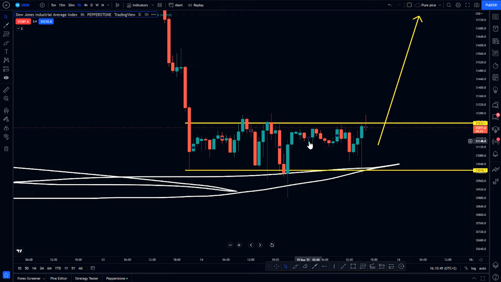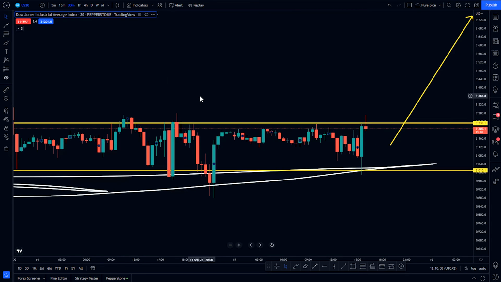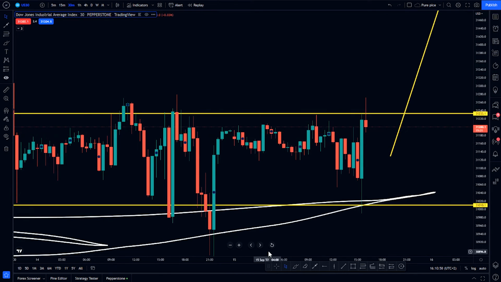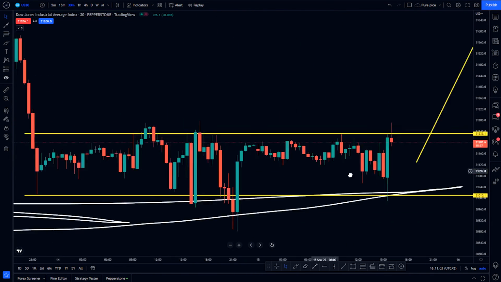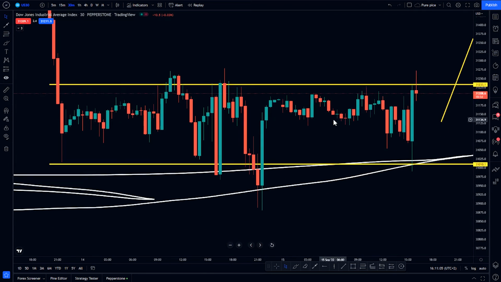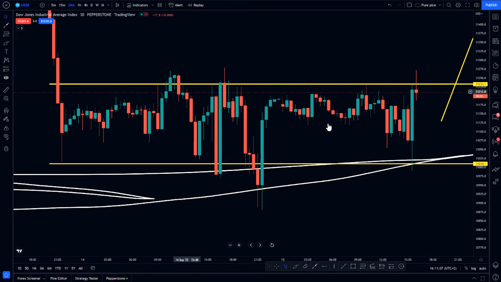When you can't see the patterns on the 1 hour, that's where you go now to your smallest time frame. You don't just go to your smallest time frame, you go there only when you don't see a clear pattern on the 1 hour or on your medium time frame. So when we come now into this 30-minute time frame, we can see some kind of highs and lows in this range.